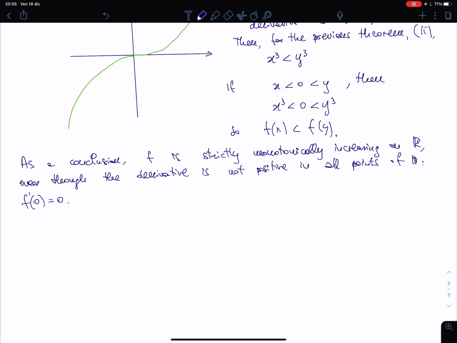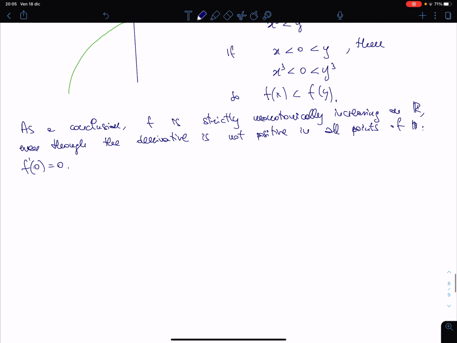And this is the very important thing to be underlined here. And now we generalize with this more or less straightforward generalization.